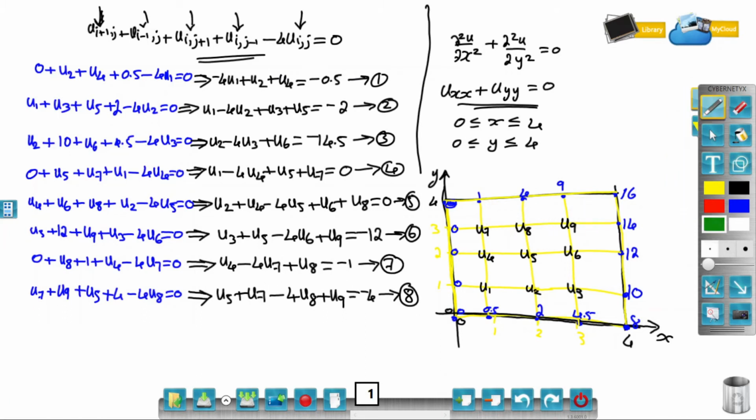Okay. So now we are going to consider u9. What is its left variable? u8. What is the right variable? 14. What is the top variable? 9. What is the bottom one? u6.